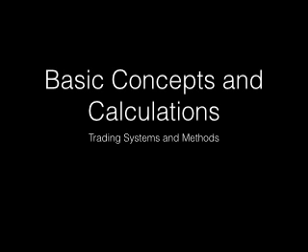Each subsequent index value for a long fund is: XCi equals XCi-1 times ((Ci divided by Ci-1, minus 1) times leverage, plus 1). XHi equals XCi-1 times ((Hi divided by Ci-1, minus 1) times leverage, plus 1).